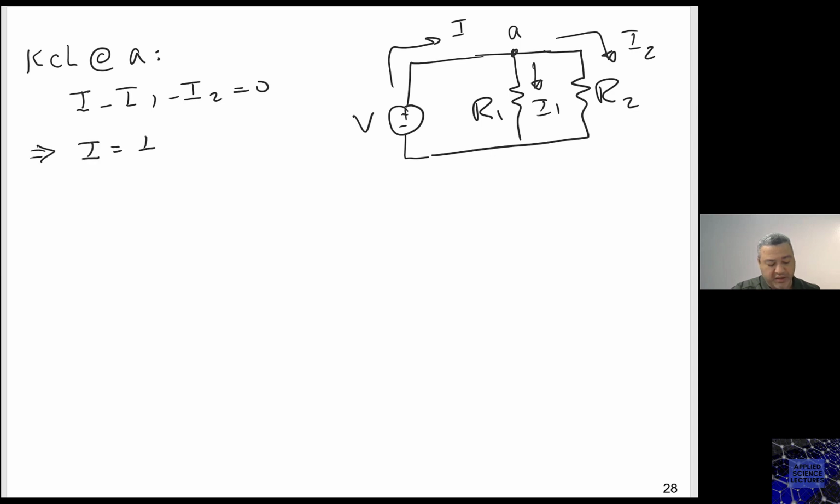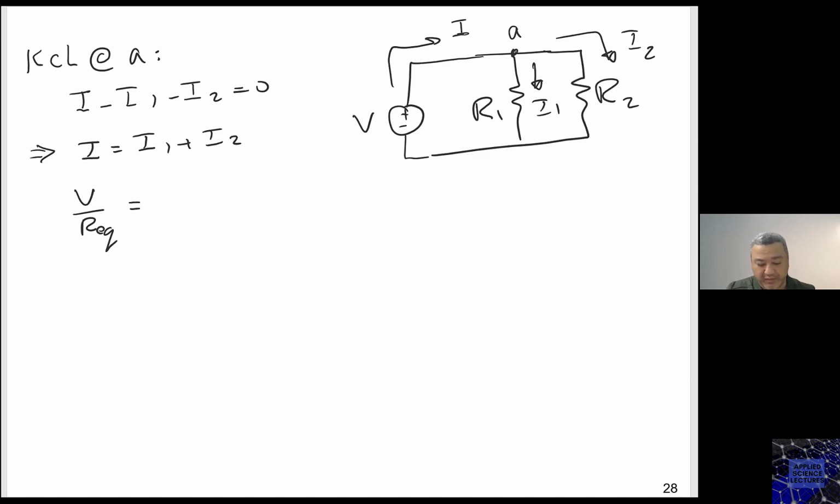And then I is I1 plus I2, where I is the voltage divided by the R equivalent. So here is V divided by R equivalent, right? This is the total current I, where this voltage is the same across R1 and R2 as well because they are in parallel.